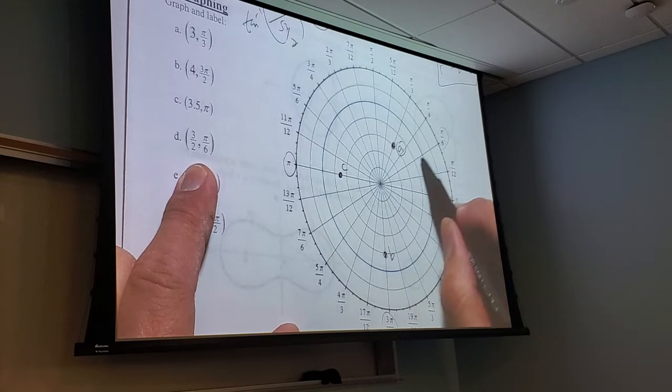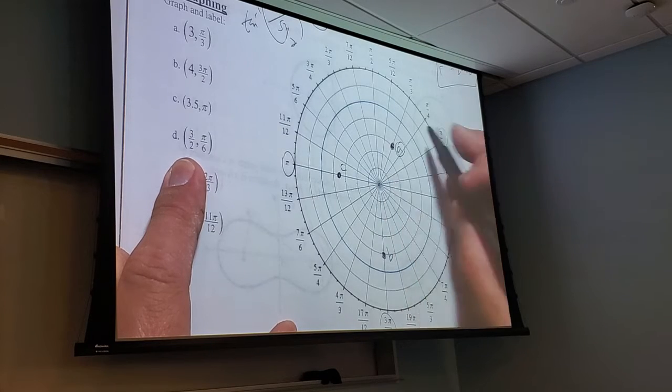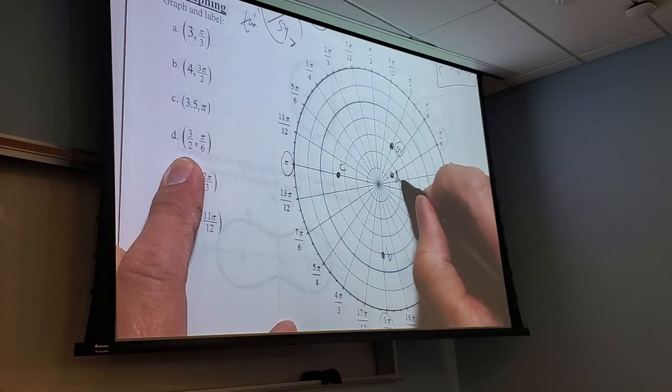So I'm facing that way. And I'm going to go out 1.5. So that's D.